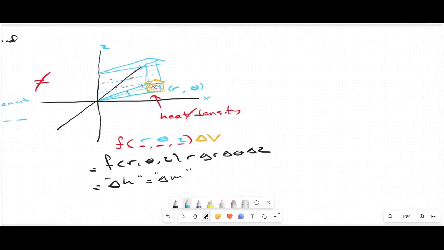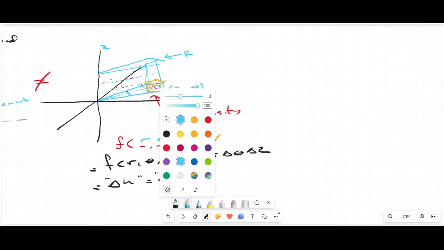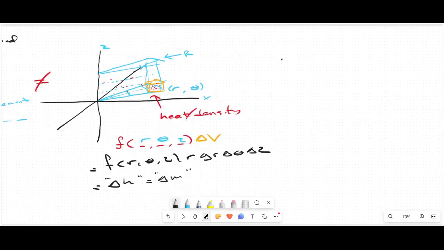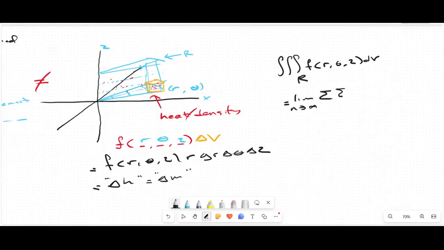Either way, if we give that region a name, we call it R, then as always, we can put meaning to the idea of the integral over R of the function f in cylindrical coordinates with respect to the volume by taking this limit where we are imagining we have decomposed our shape in three directions.